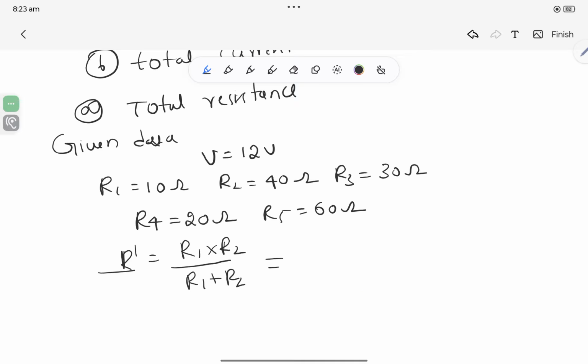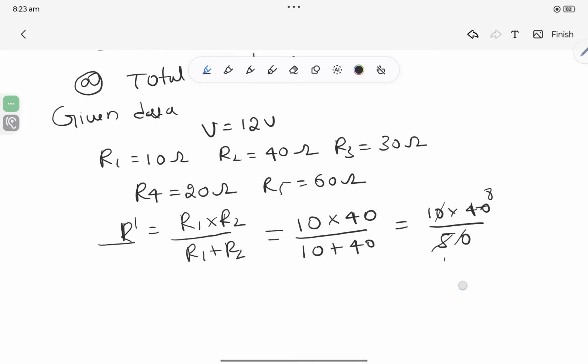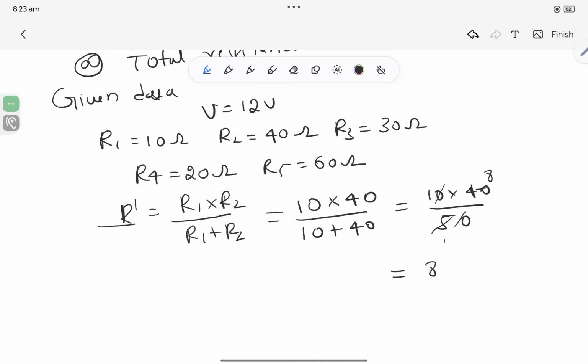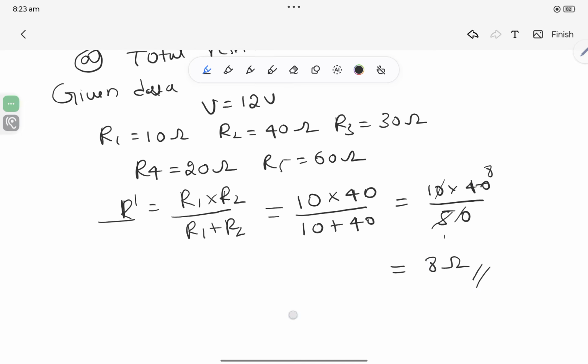Here R1 is 10, R2 is 40, divided by 10 plus 40. 10 into 40 divided by 50. Zero zero cancel, 5 ones are 5, 5 eights are 40. So it becomes 8 ohm. Simple.